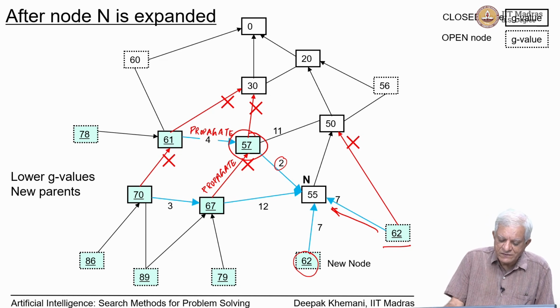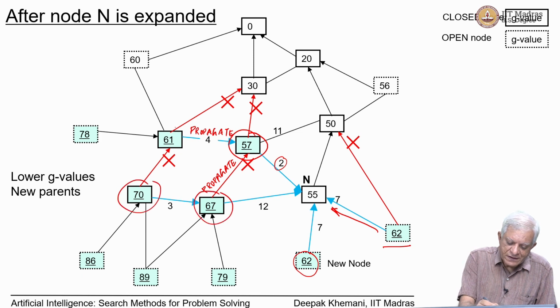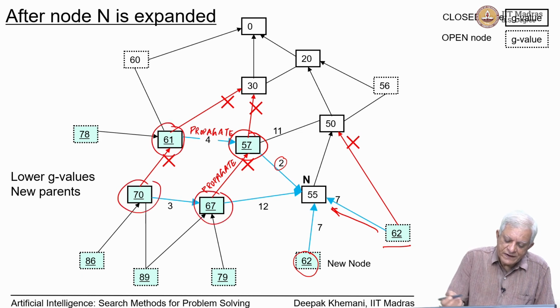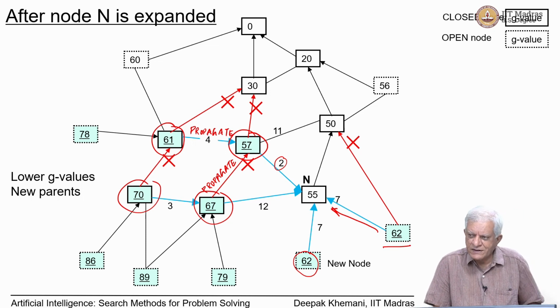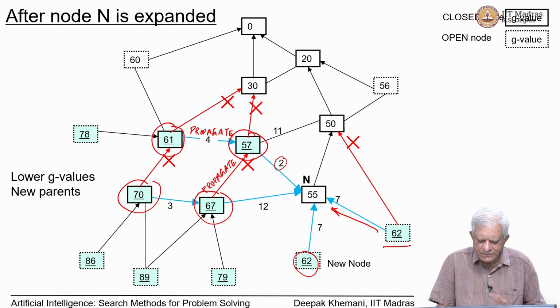So, that improvement of 3 should be propagated, and then you find that when you are doing this propagation, you find a better path to all these nodes which were already on closed, and we have also revised their parent pointers. So, this hopefully explains what happens when a new node is expanded by A star.